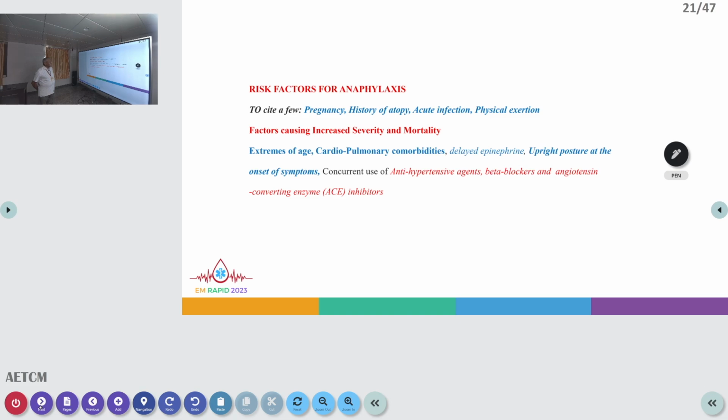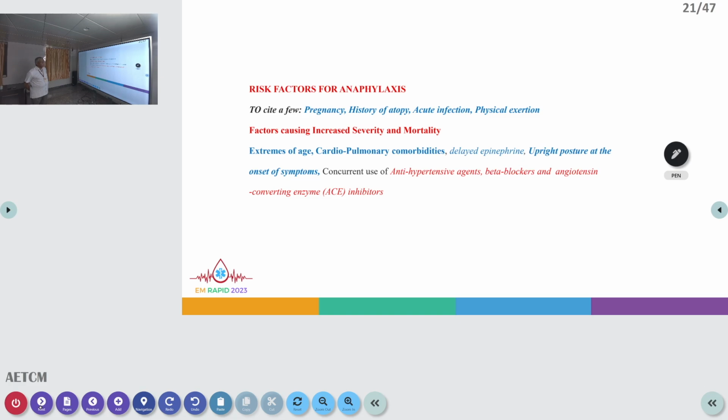Certain factors cause increased severity and mortality. One, anaphylaxis at the extremes of age, or when the patients already have cardiopulmonary comorbidities, the severity will be very high and the mortality rate is also very high. And we have to institute immediate treatment with epinephrine.